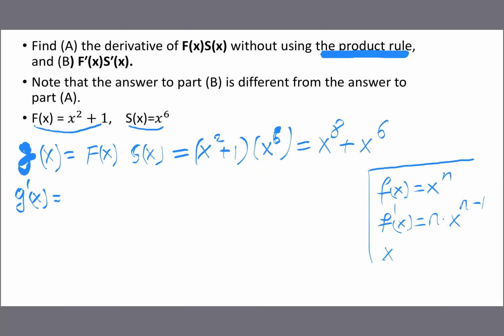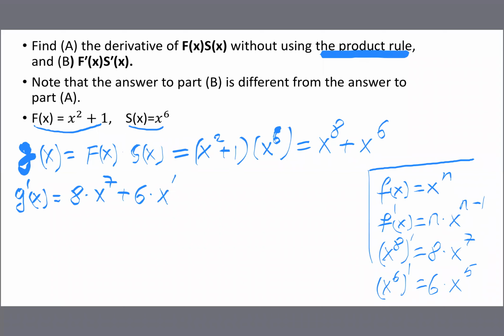So derivative of x to the 8th is 8 times x to the 7th. And the derivative of x to the 6th is 6 times x to the 5th. So g prime of x is going to be 8 times x to the 7th plus 6 times x to the 5th.